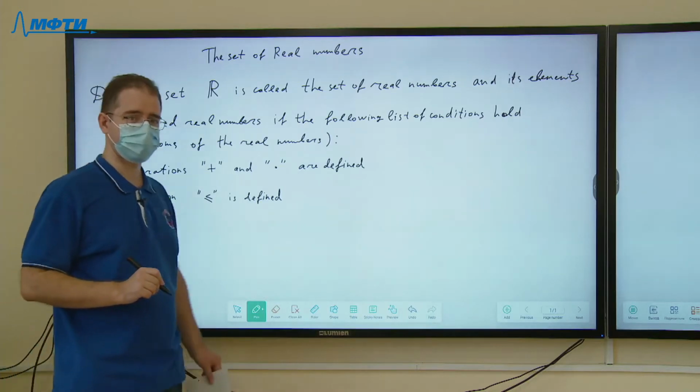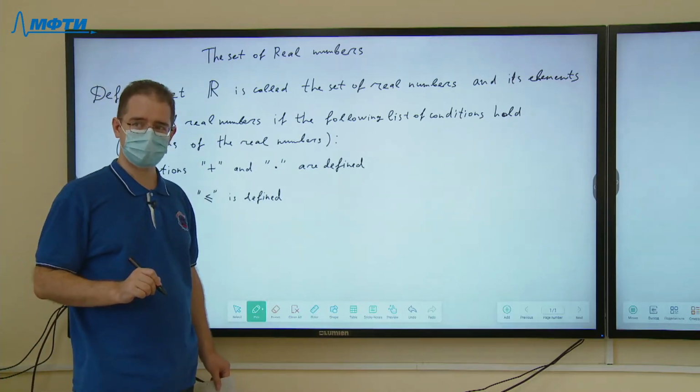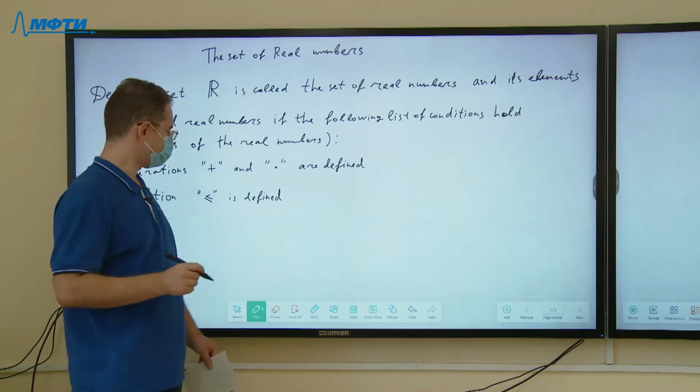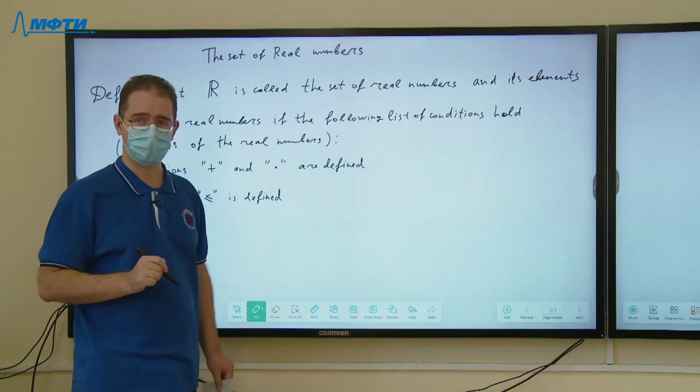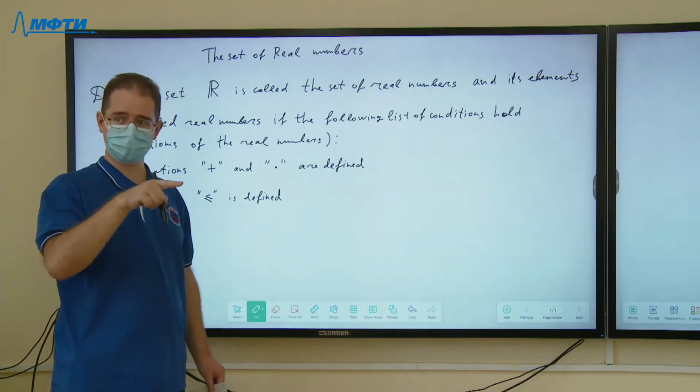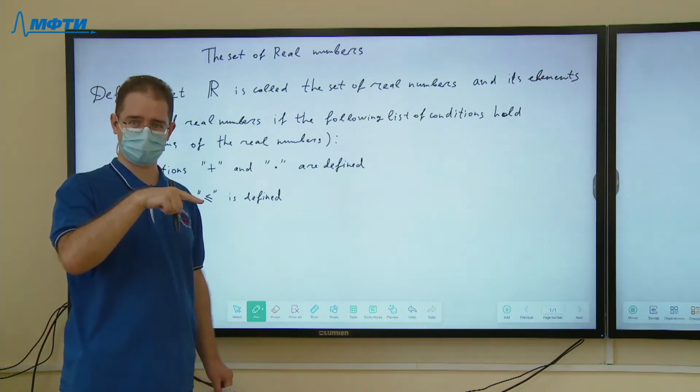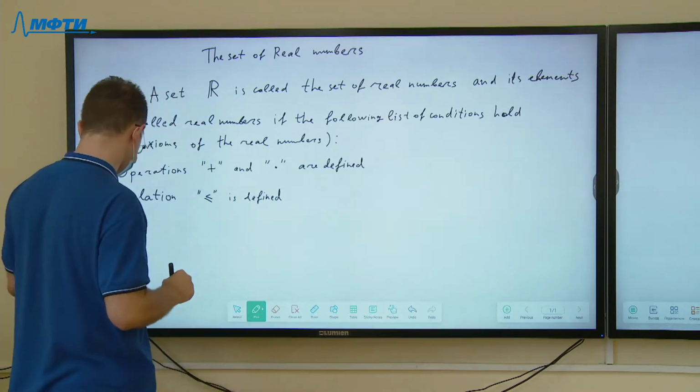Those are actually the really simple rules of addition and multiplication and inequalities that you know from the school, except from the last one. The last one will be interesting. We will get to this point.